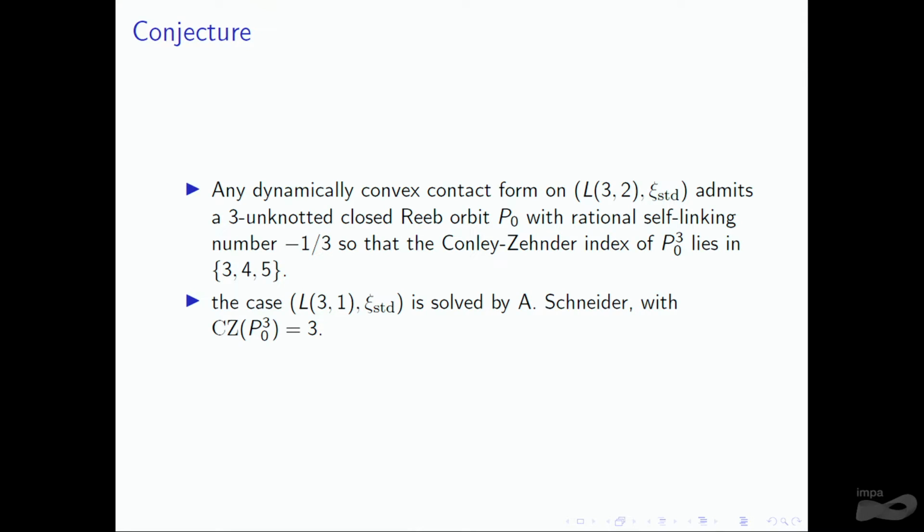Then what survives under some good conditions like being dynamically convex, we see that the foliation can be pushed to the end to produce a foliation also here, and it's even possible to estimate the indices of these orbits, again using all the power of the holomorphic curves. Okay? So this would be a conjecture which has a version for L(p,q).